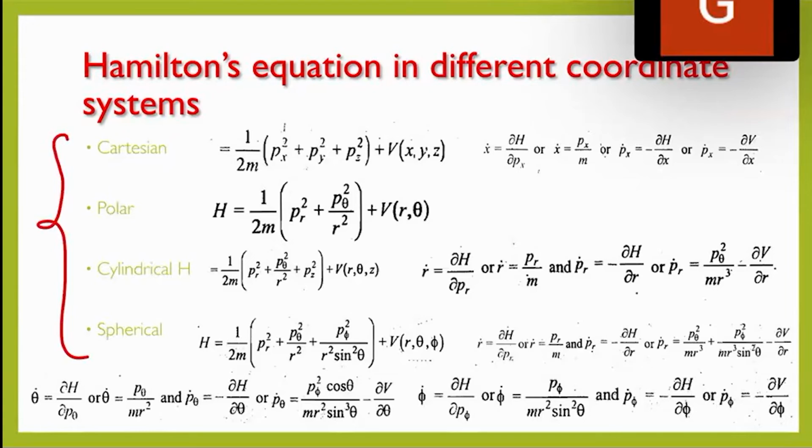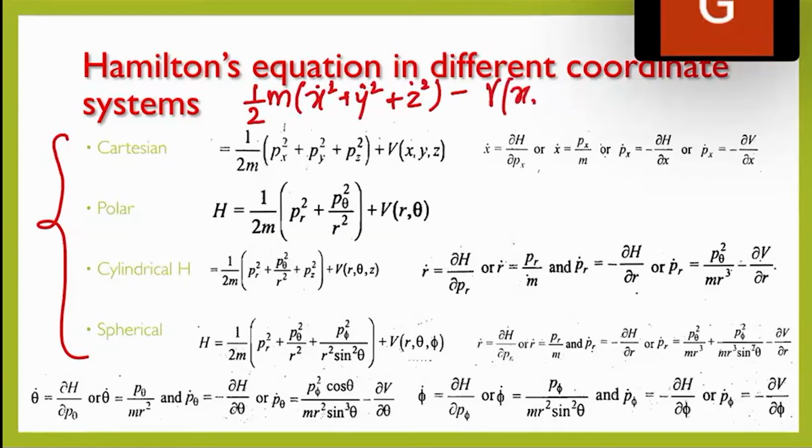For example, if I take a system in a Cartesian coordinate system, what will my T be there? That is your kinetic energy. It will be half m times x dot square plus y dot square plus z dot square in 3 dimensions.